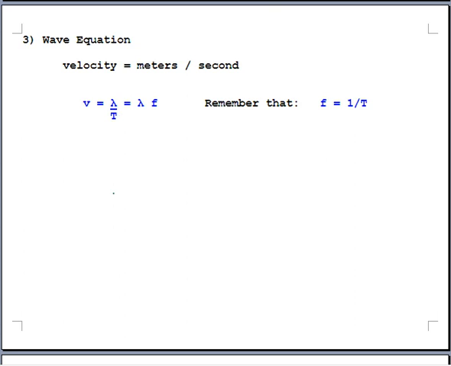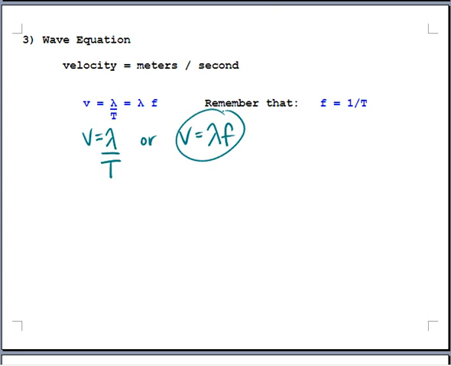You also will see, actually more commonly, this second version of the equation. So there's really two equations there. There's v equals lambda over T, or you can use v equals lambda times f. And it actually turns out that that's probably the more common equation that we use.